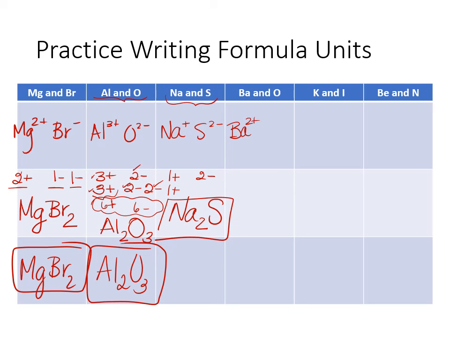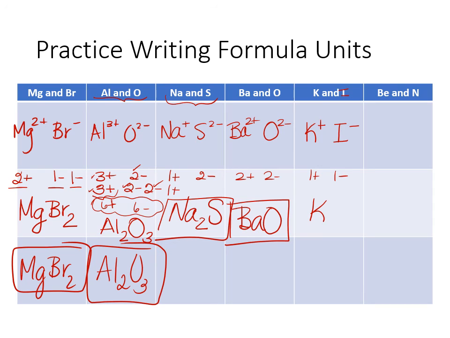Barium is a 2 plus, oxygen is a 2 minus. That balances out, so it's BaO. And 1 to 1 is the lowest ratio. K plus, I minus. So a 1 plus and a 1 minus, so KI. 1 to 1 again.